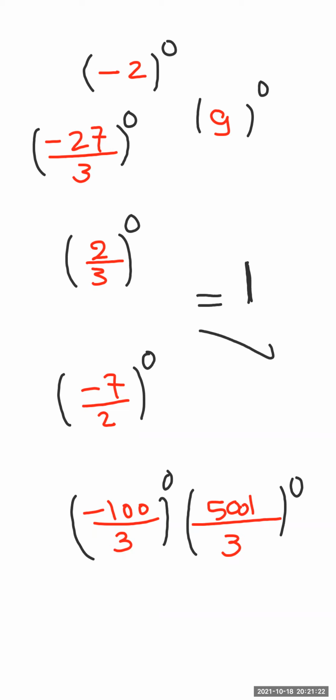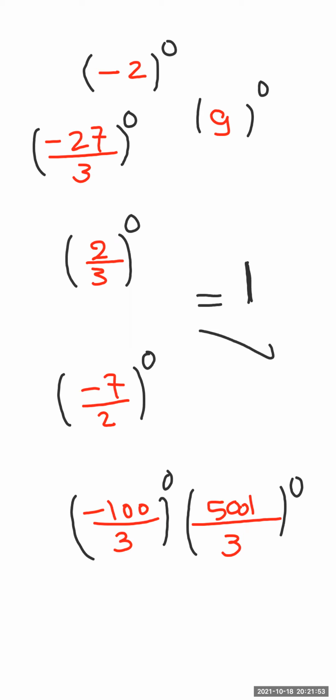Clear? If they wrote a number, and they put a million to the power of 0, it equals 1. 7,923 over 925 to the power of 0 equals 1. Negative 2,700 over 3 to the power of 0 equals 1. 0 means no power.